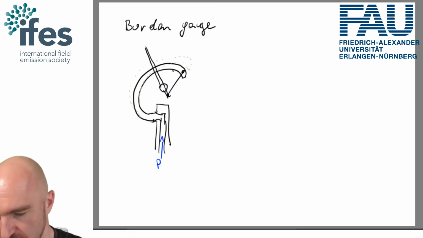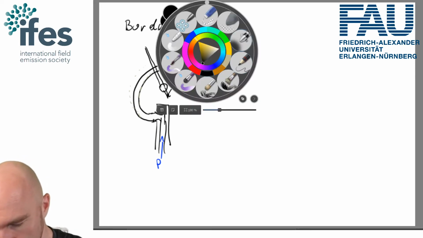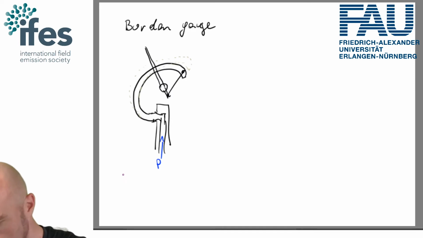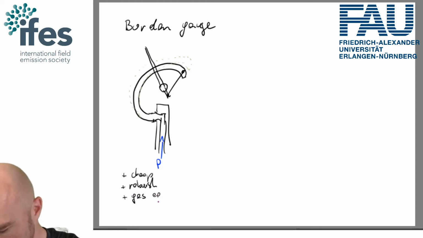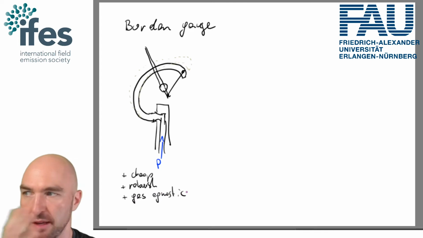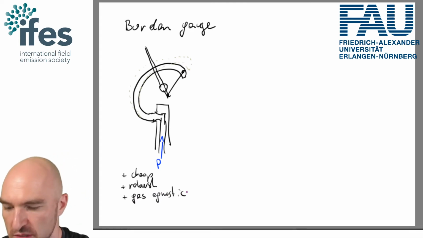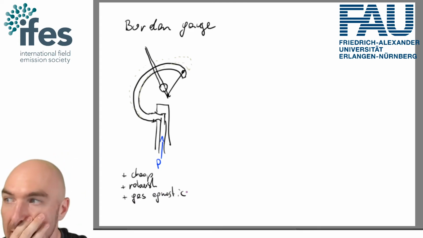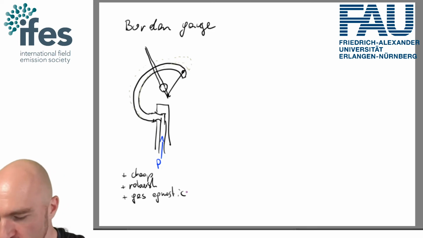This is essentially the way it works, and this means they are cheap, robust, and gas agnostic. Because it's mechanical, it doesn't matter which gas you put in. You just measure its pressure, and this really makes them very helpful for any coarse vacuum measurement.